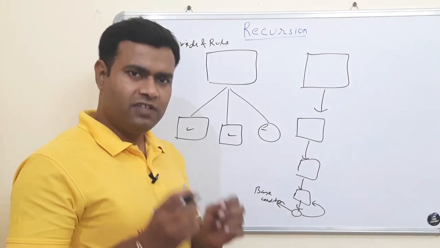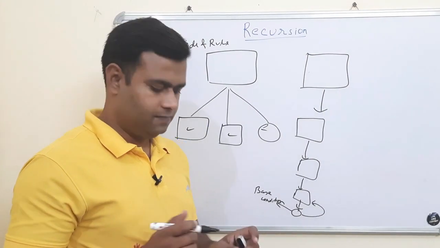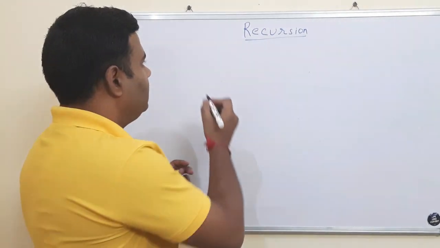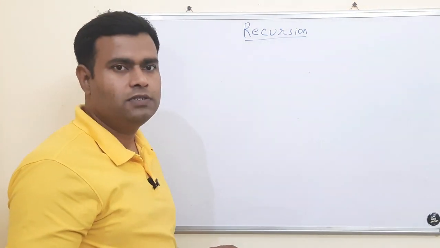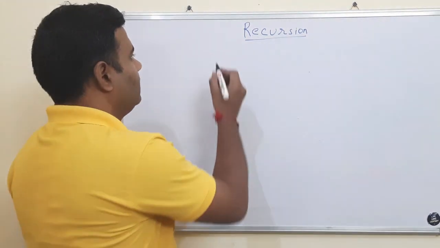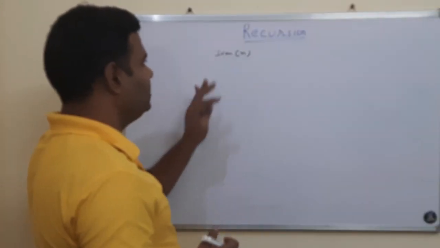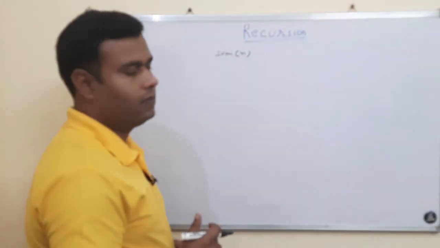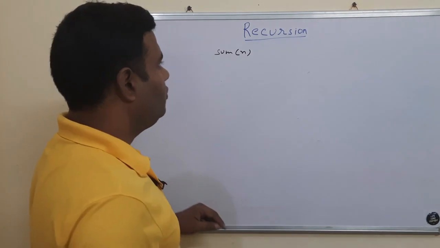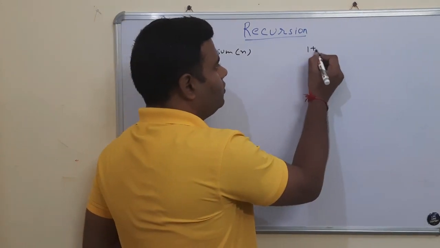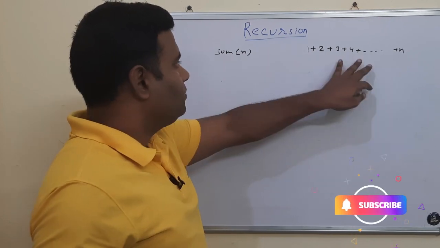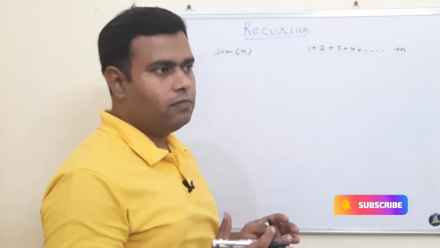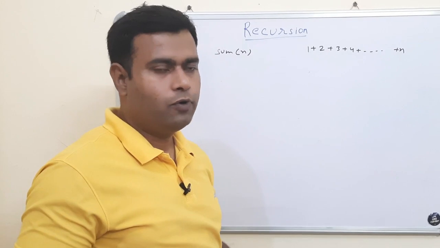So let's see first with a very basic example. Let's take a problem where you have to calculate the sum of numbers from 1 to n. This will be your signature of function. Now to solve this problem, one approach you can think of is an iterative process.